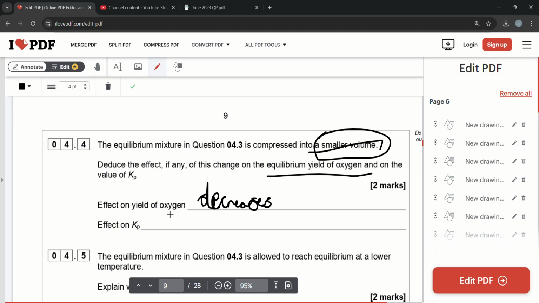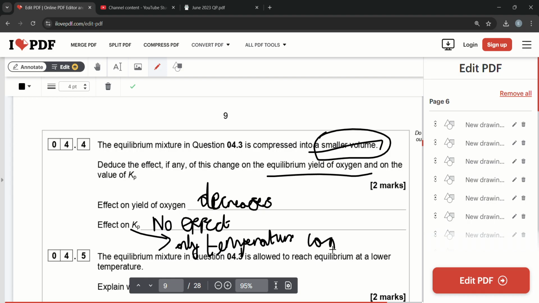And then also deduce the effect on the value of Kp, that's going to be no effect. Remember, for Kp, same as with Kc, only temperature can affect Kp. Well, I should say yield or equilibrium yield, but you get the point.